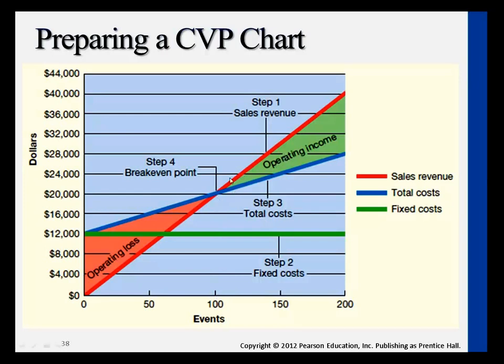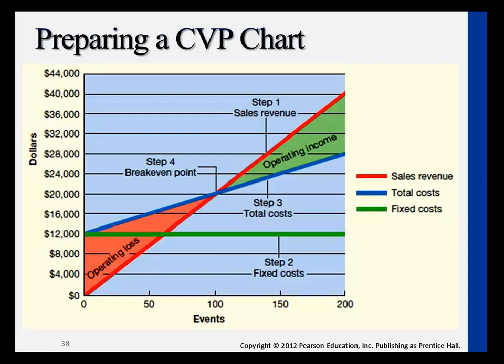So my operating income is to the right of my break-even point. My operating loss is to the left. Okay? So operating income is over your sales revenue but under your total costs. Just think about this. If my total costs at 50 events are greater than my sales revenue at the same number of events, I'm at a loss.